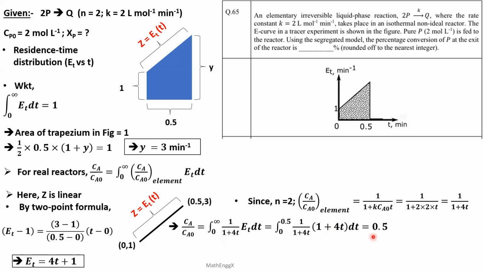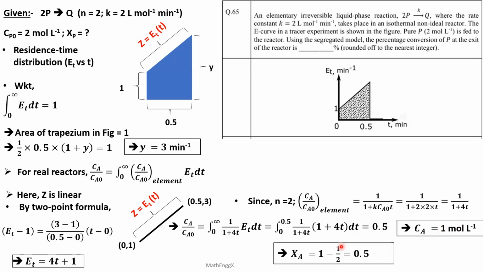This simplifies to 0.5. Further substituting the value of CA0, we get CA as 1 mole per liter. Hence conversion will be 1 minus CA by CA0, which is equal to 1 minus 1 by 2, which is 0.5. So in terms of percentage, conversion will be 50%. Hence the right solution to this question is 50.